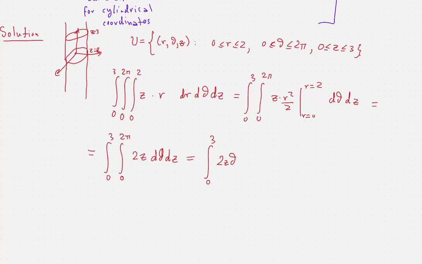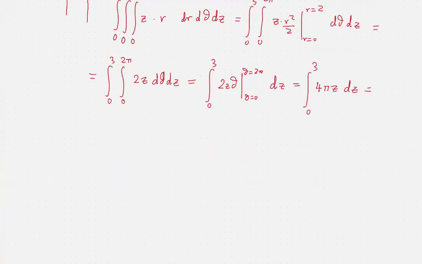So that will go from theta equals 0 to theta equals 2 pi, and then dz here, which will give us the integral from 0 to 3 of 4 pi z dz. Finally, we have a sort of interesting integration. So this will be 2 pi z squared from 0 to 3. And this will give us 2 pi times 9, which is 18 pi.